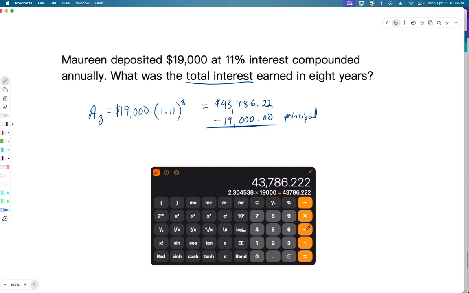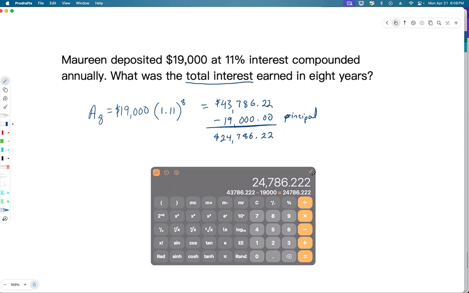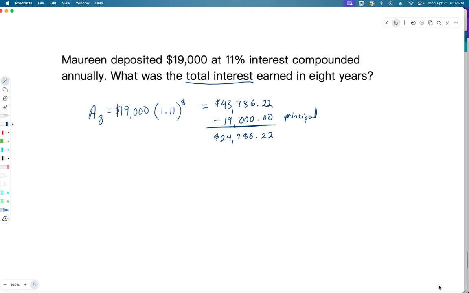So if I subtract $19,000 from that, I get $24,786.22. That is the answer that we are looking for. Okay? All right, let's look at the next problem.